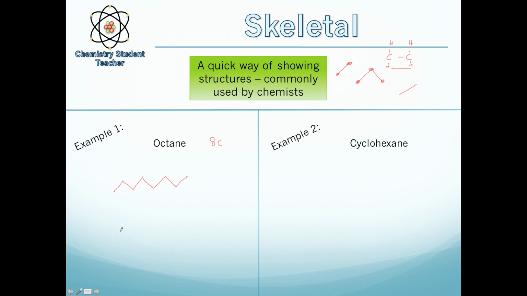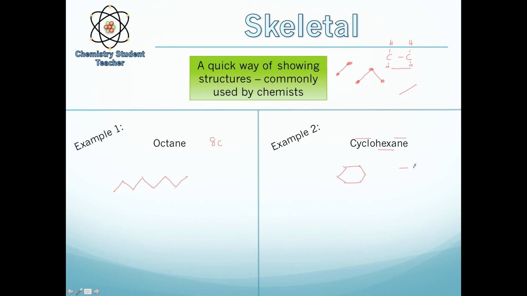So, cyclohexane, if we try that, ane, again, means there's just hydrogens, nothing else. Hex means 6, and cyclo means it's in a ring. So, a ring of 6 carbons and nothing else. So 1, 2, 3, 4, 5, 6.